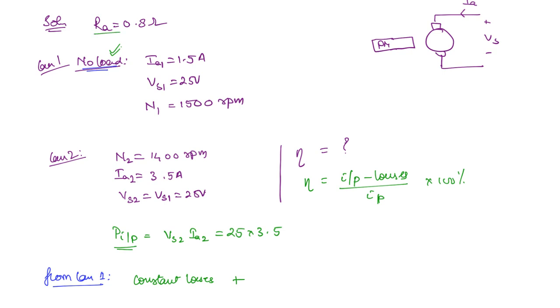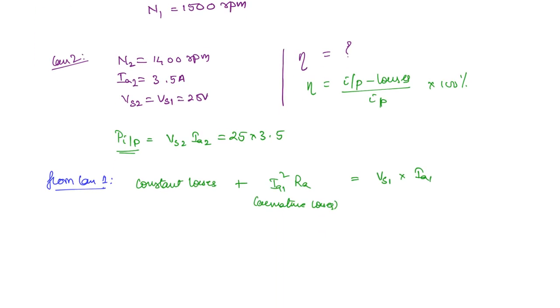Remember, there is a resistance, armature resistance, and current is flowing through the armature resistance. So Ia1 square into Ra, this will be the armature loss. This will also be supplied by the input only, right? So this is what it is equal to Vs1 into Ia1.